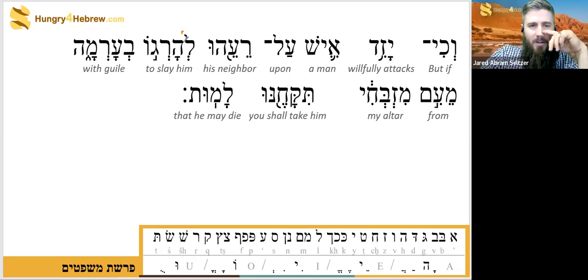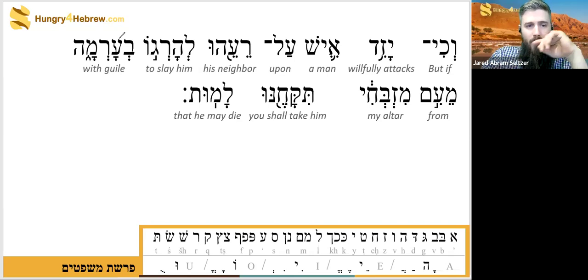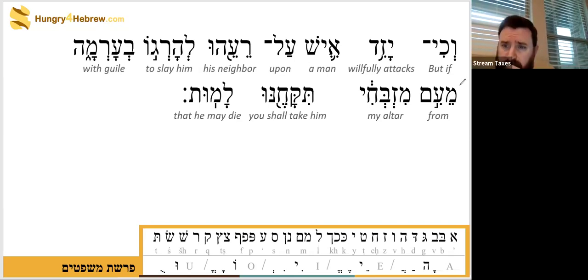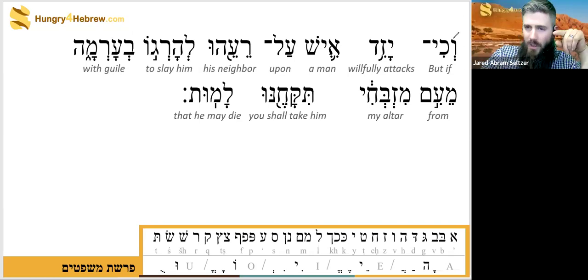You can see it's an infinitive construct, so it needs to have an O vowel in it. Lehorgo. Ve'orma, me'im mizbechi tikachenu lamut. Very good.